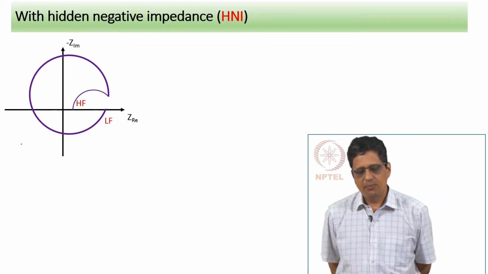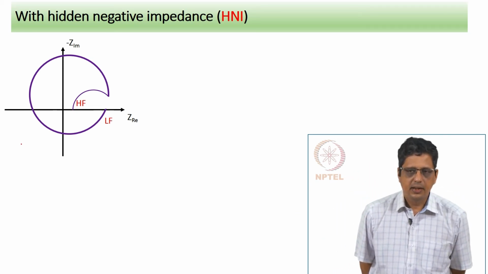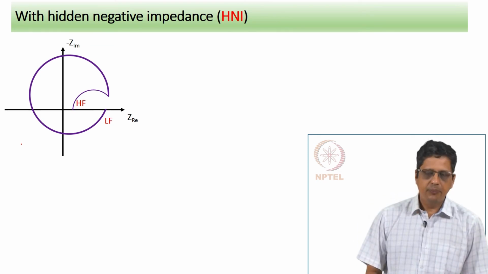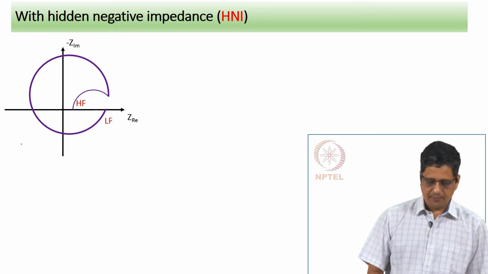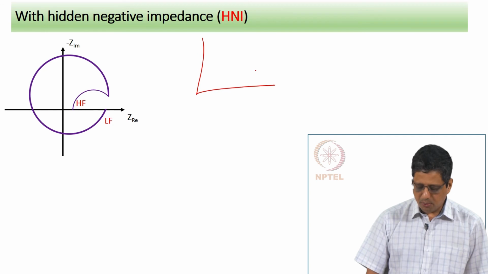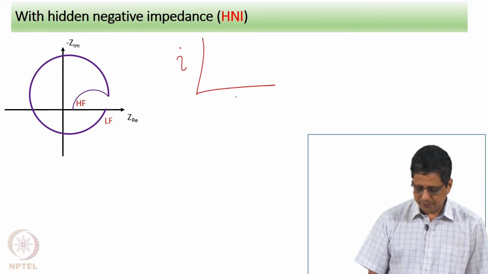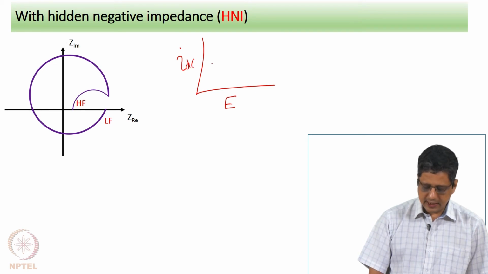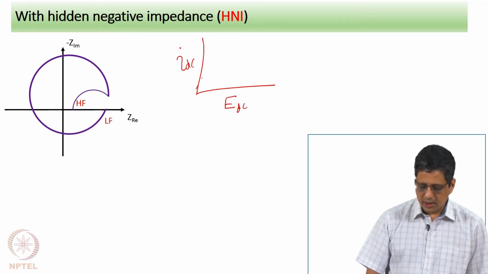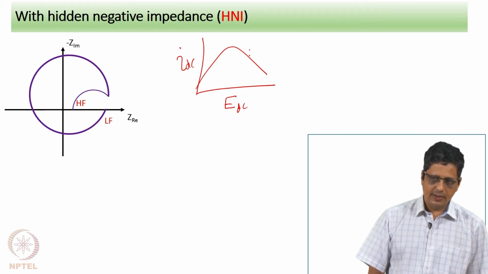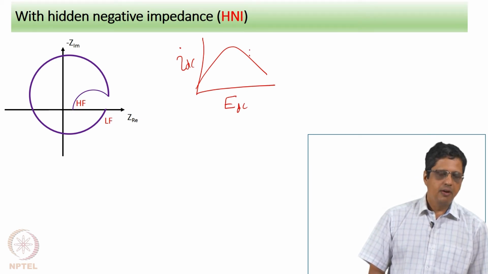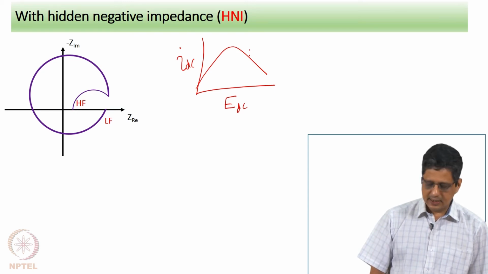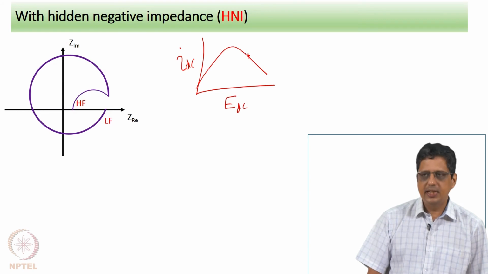Now, I want to describe what is called hidden negative impedance. We know what negative impedance is. If I look at a polarization curve, that is IDC versus EDC, if that has a negative slope, we know that the low frequency data in the impedance spectrum will come to negative values and will settle at the negative real axis if I take data at that DC bias.